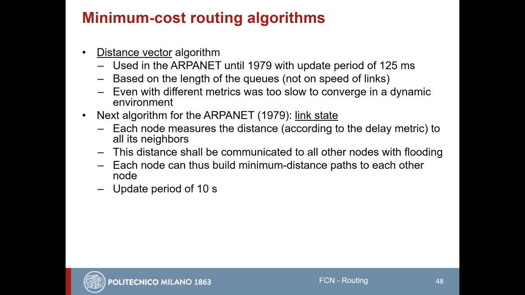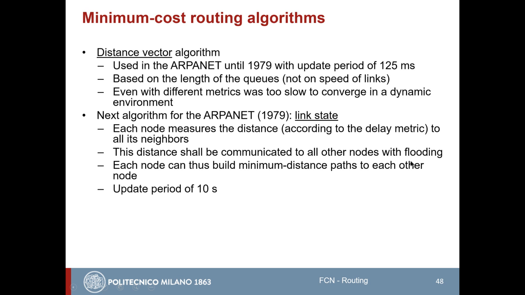Okay? So in the distance vector case, the exchange of messages between routers is limited to the neighborhood. In case of link state, each node, so each router, will have to send updates to all the other routers using the flooding technique.